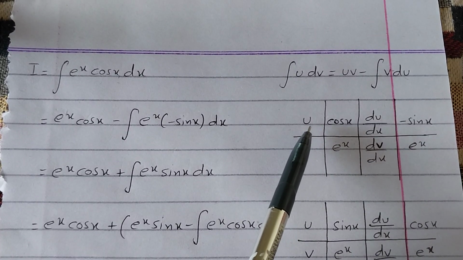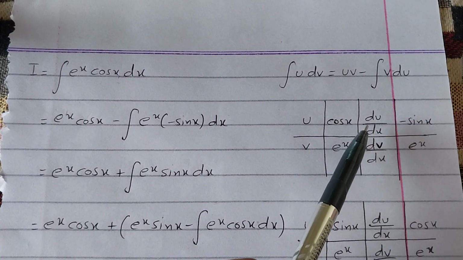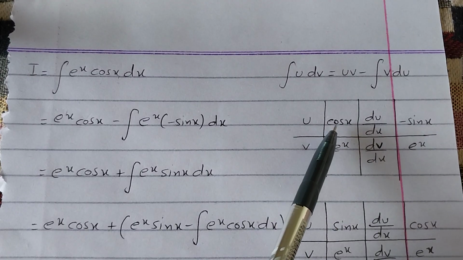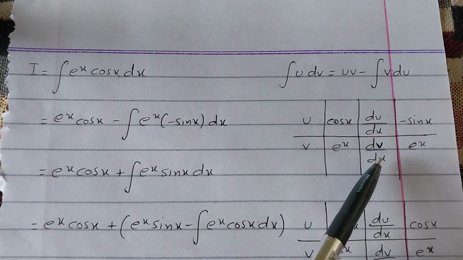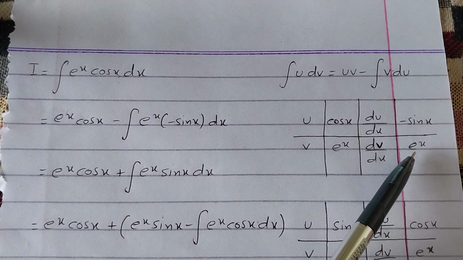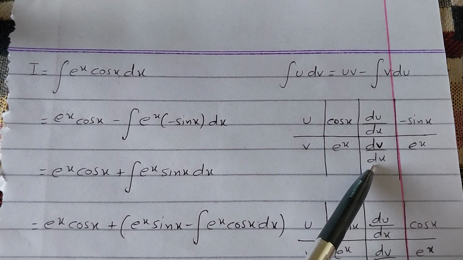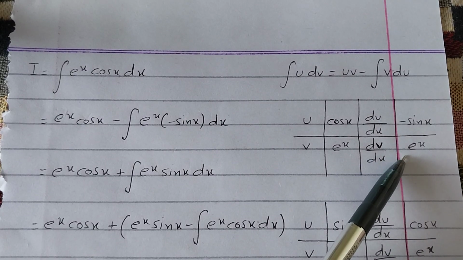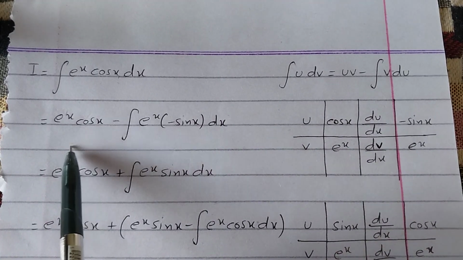So we have considered cos x as u. du by dx will be simply the derivative of this u with respect to x, and the derivative of cos x is minus sine of x, and dv by dx is e raised to power x, and we need v. In order to get v, we have to integrate this dv by dx with respect to x, and the integration of e raised to power x is e raised to power x.